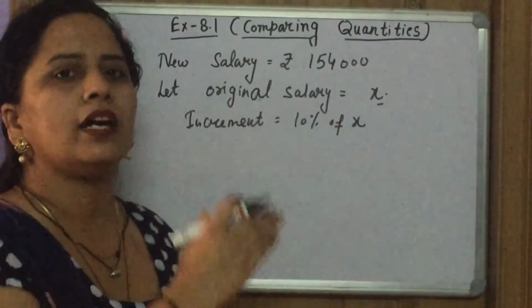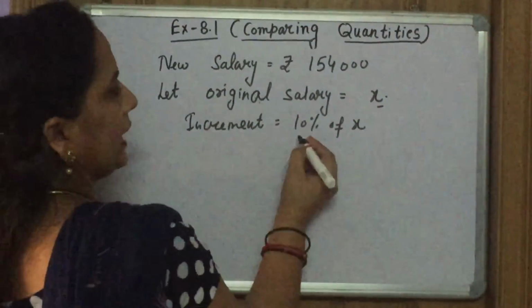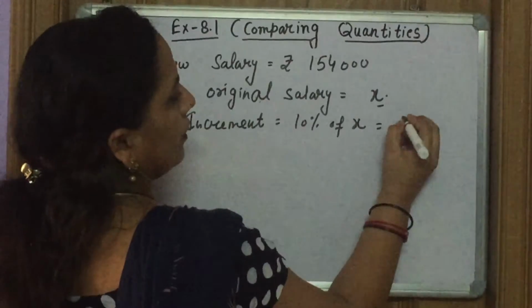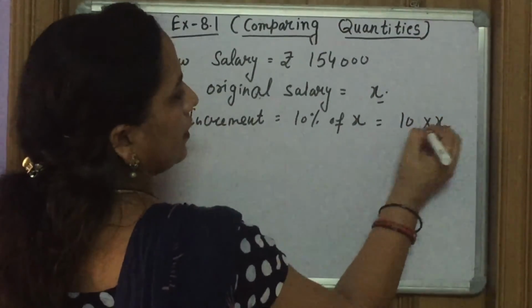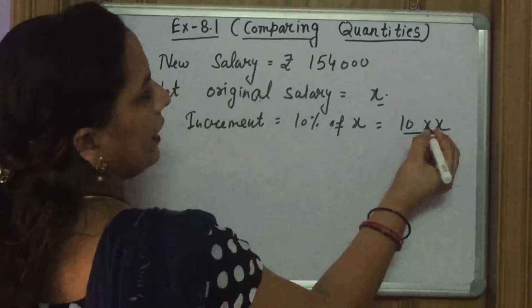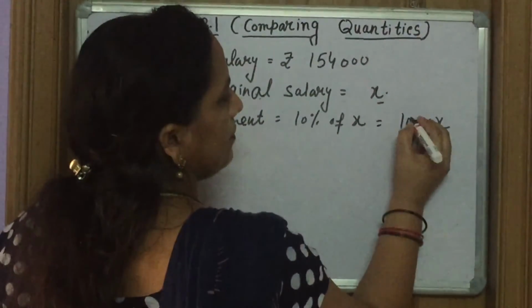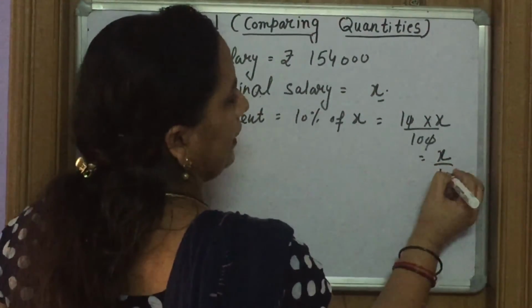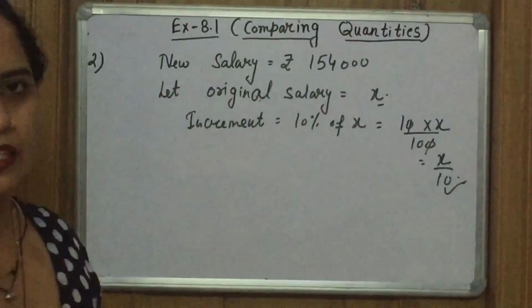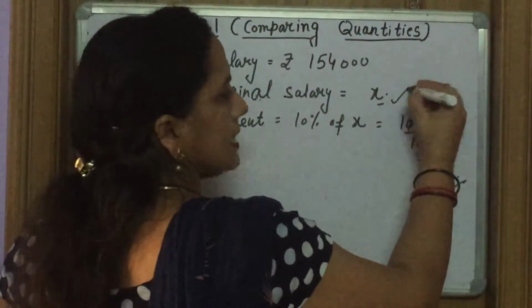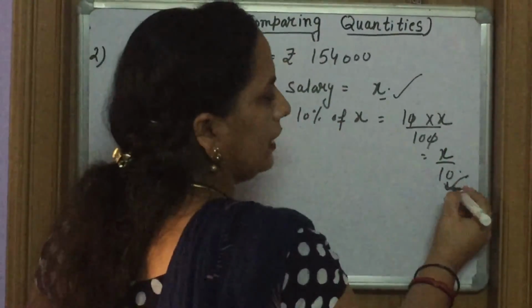So 10% of X will be equal to 10 multiplied by X divided by 100. Divide the terms, then we get X by 10. So this is the increment, and this is the original salary.